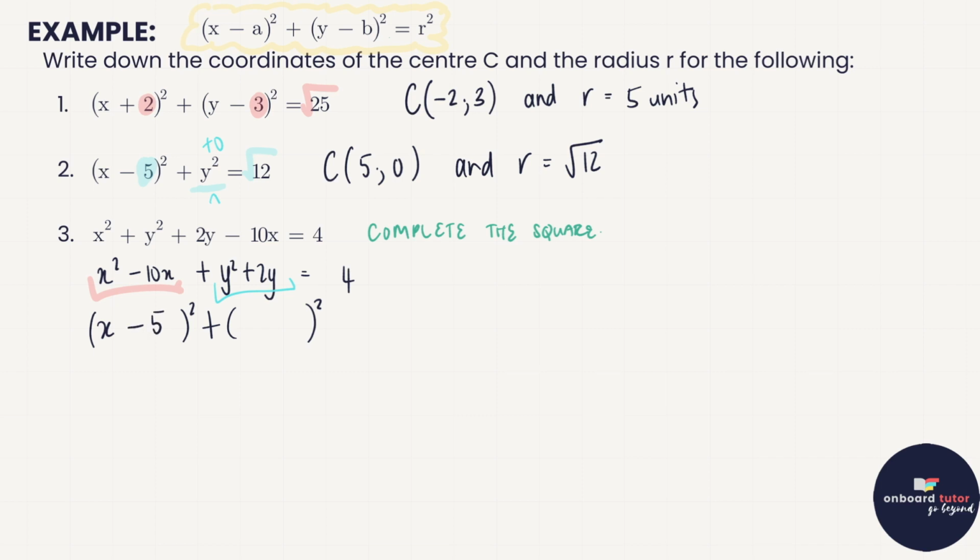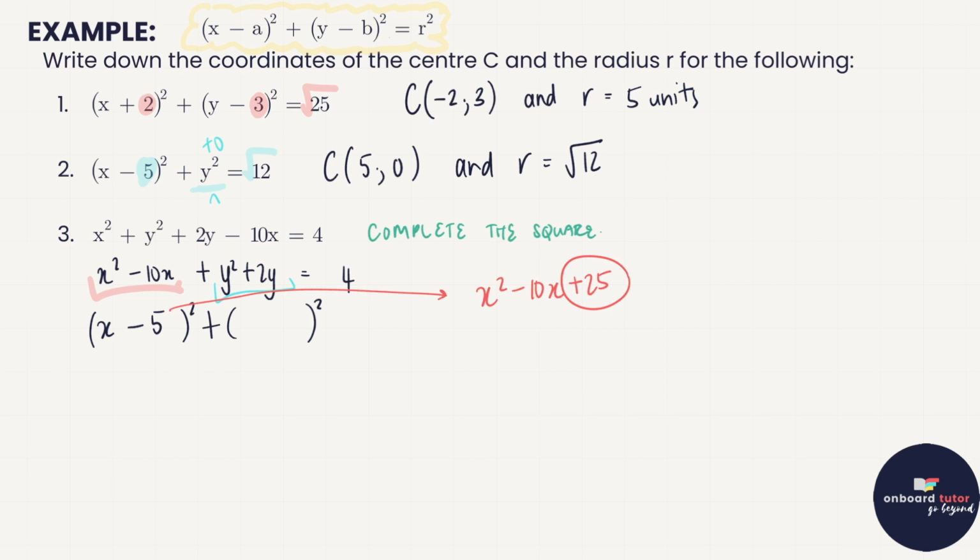Okay, but then if you can remember back to grade 11 when we were first introduced to this, let's do it over here just to refresh our memory. What happened was when we would square that out, we'd end up with x squared minus 10x plus 25. So what we've done by completing the square is accidentally added a 25.